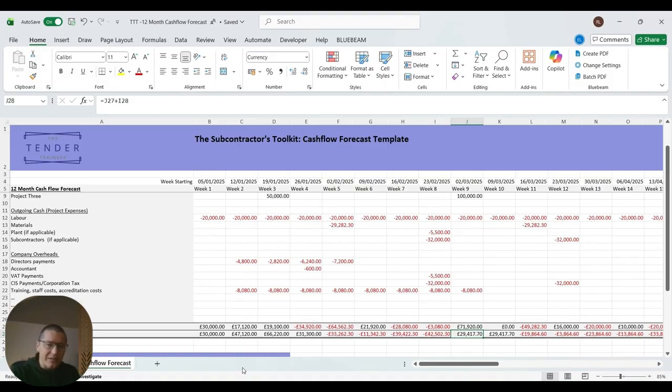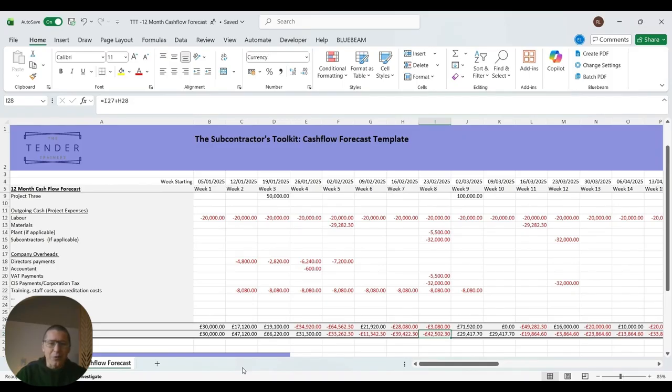Now, because this is negative, by no means are your projects not profitable. You can have negative cash flow on profitable projects, and in actual fact, most projects for subcontractors will be a little bit cash flow negative, particularly at the start of the project. But with this information, what we can see here is in these weeks, week 5, 6, 7, and 8, for example, we are going to need to find 42 grand to keep the projects going.